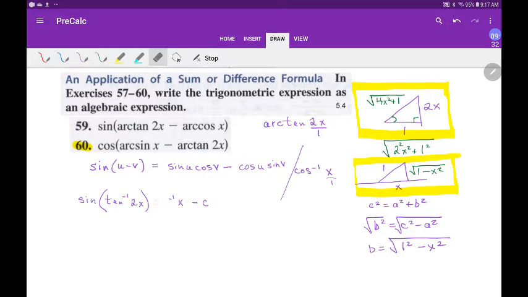Sorry. The cosine of the inverse cosine of x minus the cosine of inverse tangent 2x sine inverse cosine x.